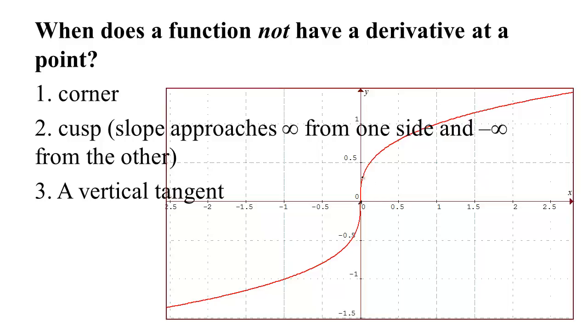Whether I go out h this way and find those slopes, they're tipping to infinity, and even if I go backwards, I still have positive slopes that become more and more positive. Infinity is not a number, so we wouldn't say it has a derivative at that point. It does have a vertical tangent, though. No derivative in that situation.